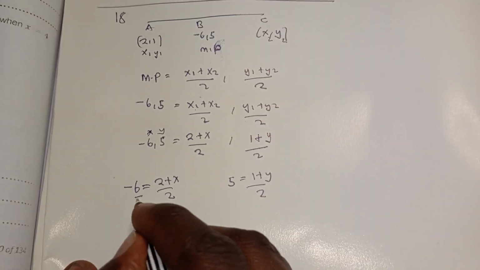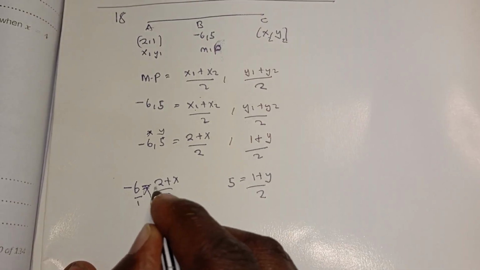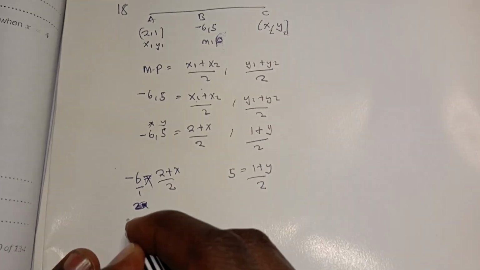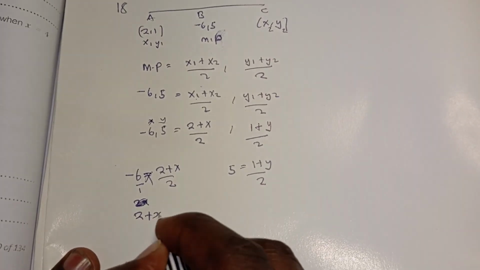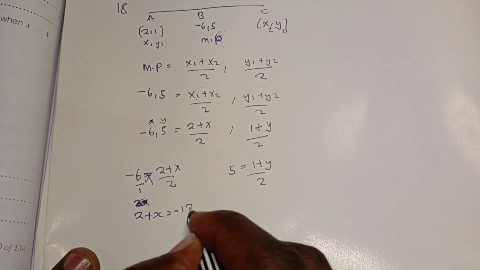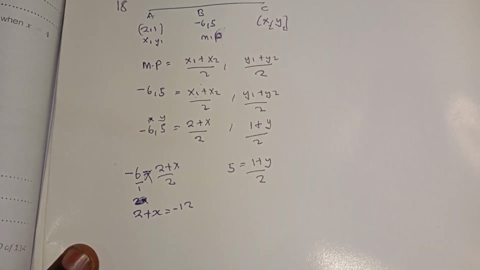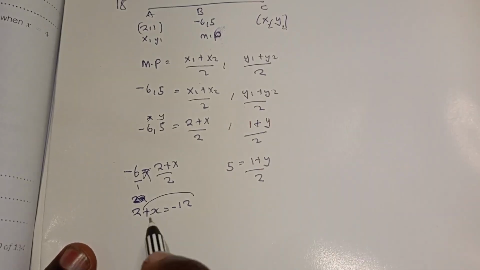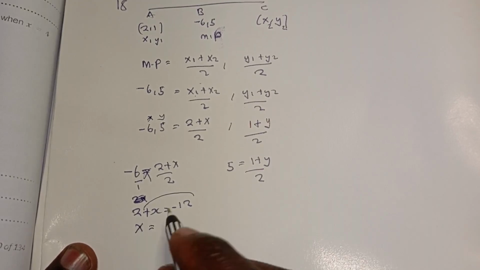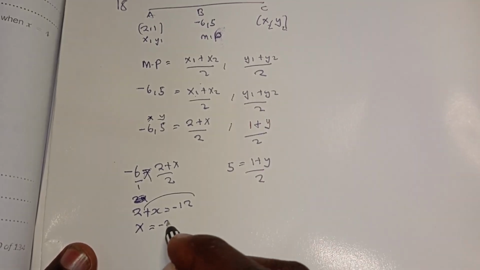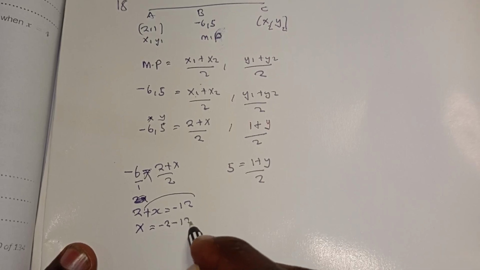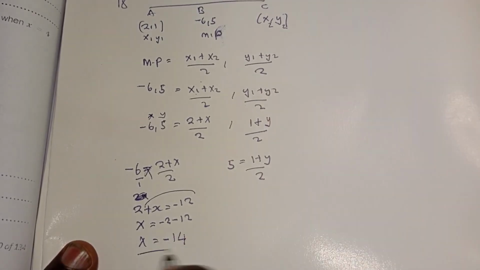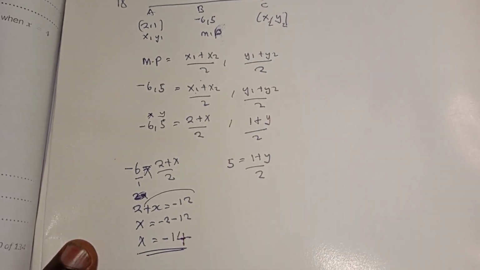Okay, so you cross multiply: 2 plus x is equal to negative 12. To find x here, take the 2 to this side. So x will simply be negative 12 minus 2, so x will be equal to negative 14.